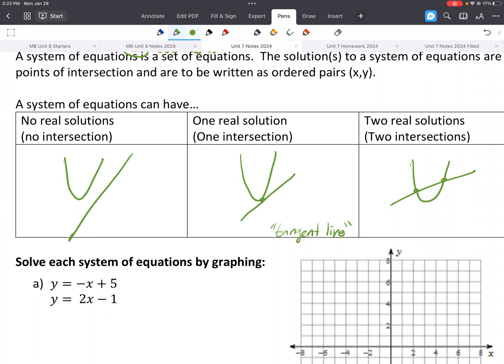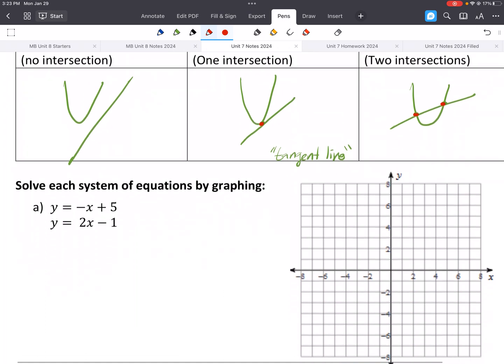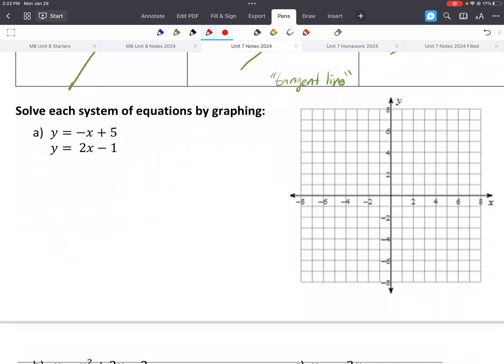We could have one solution, where it touches at one single location. That's called a tangent line. And then we could have two solutions. That's where the line crosses the parabola 2 times. So keep that in mind as we go along. This is just a quick reminder. You've done this before, I think in 9th grade.